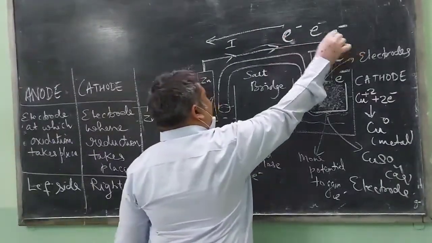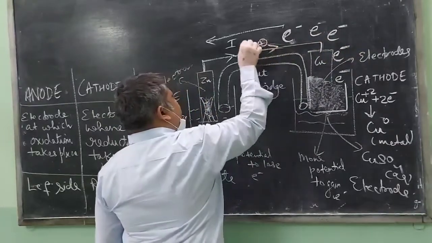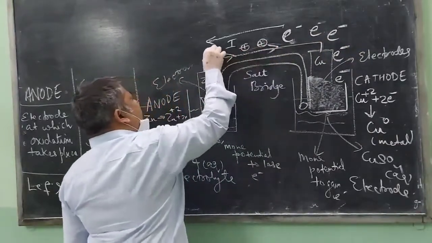If negative charge is flowing this side, that means positive charge is flowing from this side to this side.